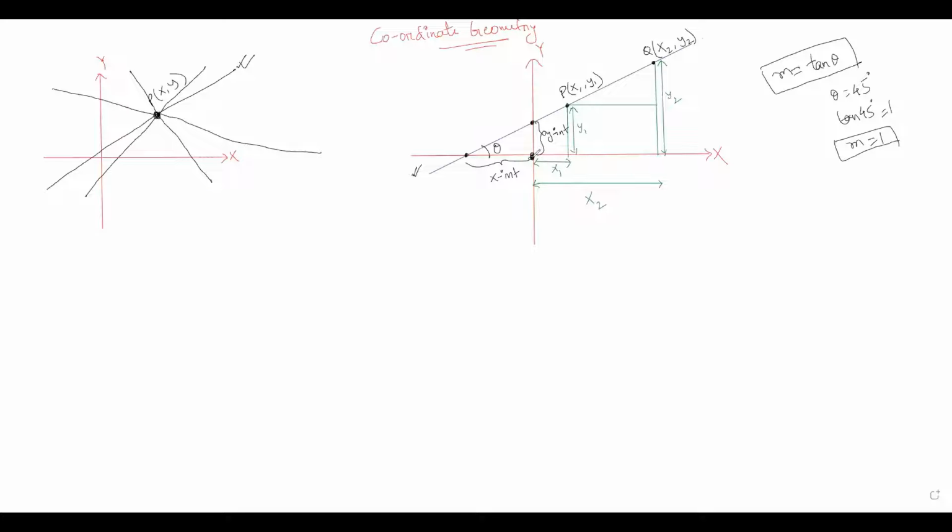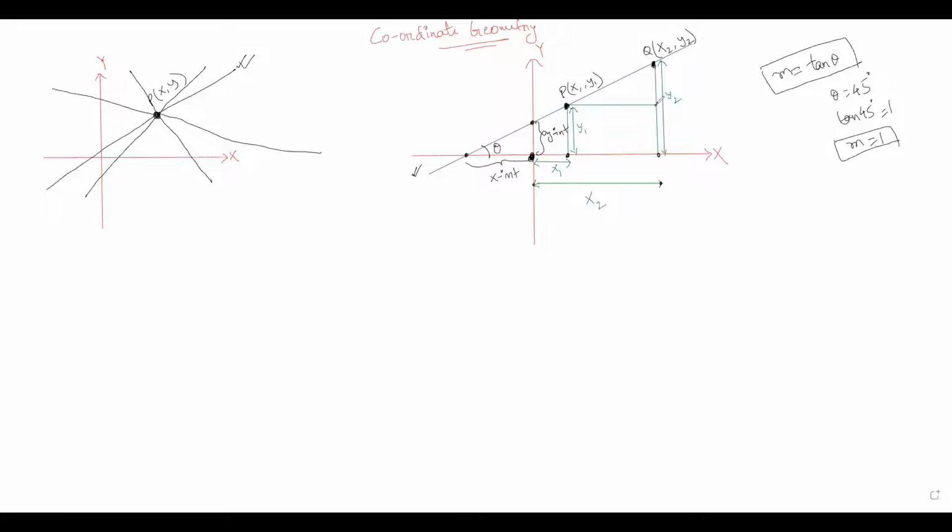Now this is the origin, and the coordinate of P and Q are x1, y1 and x2, y2. So we can say that this length would be x1 and this length would be x2. In a similar way, this height would be y1 and this height would be y2.